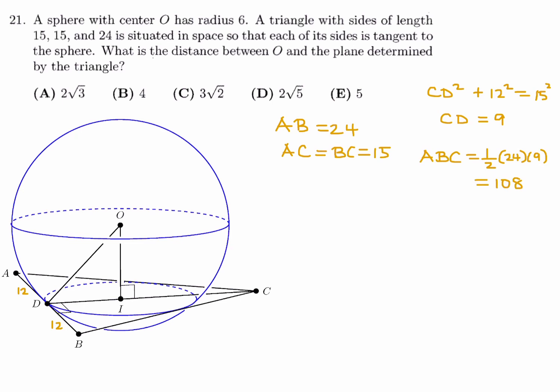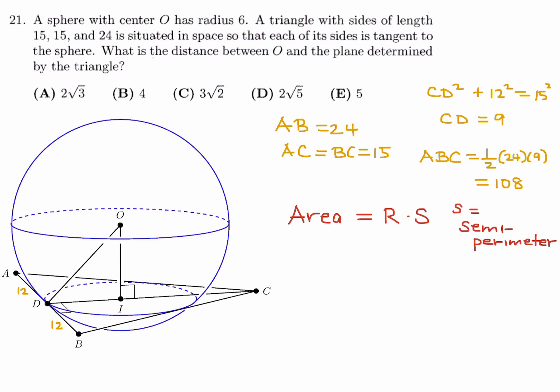Now we have a very special formula, and this formula states that if you have any kind of circle like this that is inscribed inside a triangle like this, it's tangent to it inside, the area of that triangle is equivalent to the radius of this circle that's inscribed inside times S, where S is the semi-perimeter.